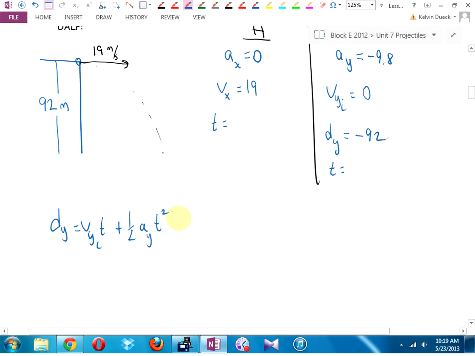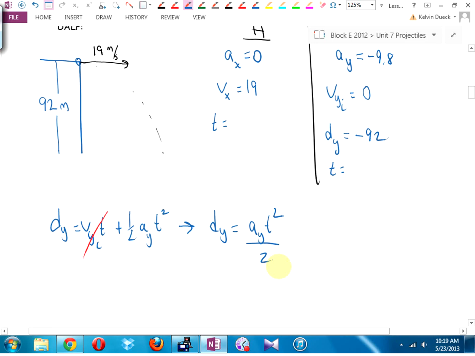Conveniently, since that's a 0. Now that won't always be the case. Specifically, if you're launching it upwards at an angle, your initial vertical won't be 0, it'll be a component. But today, since the title of this lesson is Horizontal Projectiles, today it will be the case. In fact, what I really get is dy equals ayt squared over 2, because a half, same as a 2 on the bottom.